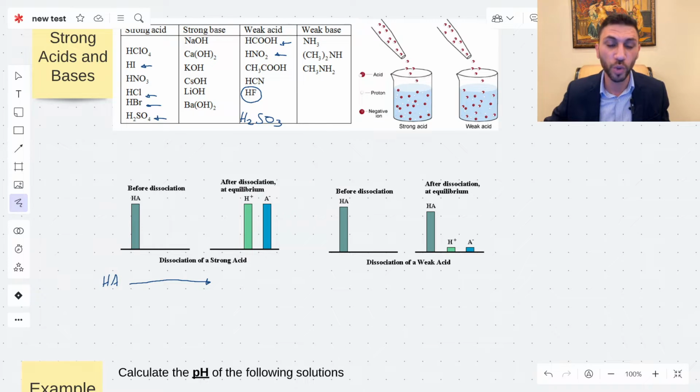It will decompose completely into the ions. So it will give you H positive plus A negative. And that means the concentration of HA before dissolving in water equals the concentration of H positive in this case.